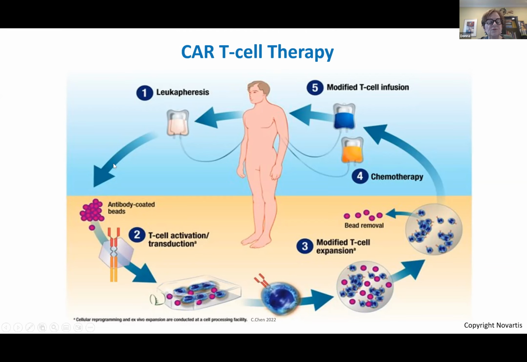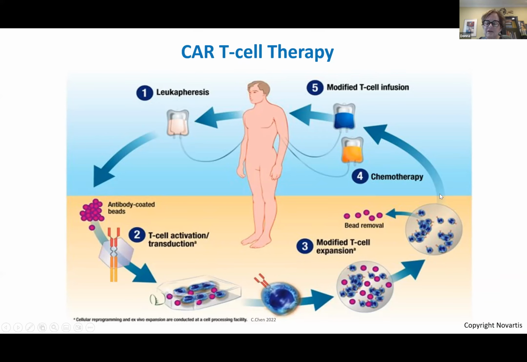These are shipped to a lab, and an antibody-like molecule is stuck on it, if you will, that will recognize one of those surface markers like was shown previously, BCMA or one of the other targets. Then this population is expanded, it's grown. You take out the processing material, and then you have your CAR T cells.